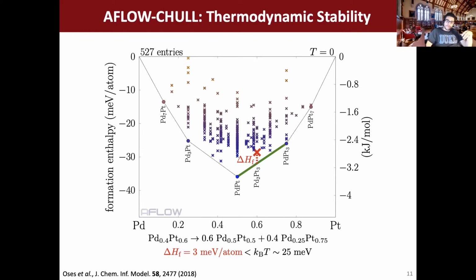So the error here, if you want to add an error, it's about the kinetic excitations at room temperature, which is this magic number of physics, 25 meV. So if you're doing an analysis of whether a material is going to form, whether it exists, being within 25 meV of the convex hull, you might say there's a good chance that it might exist.